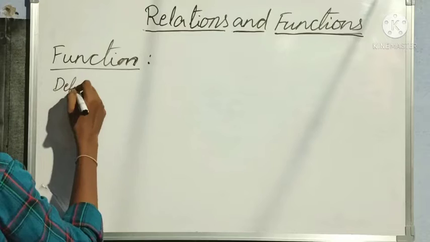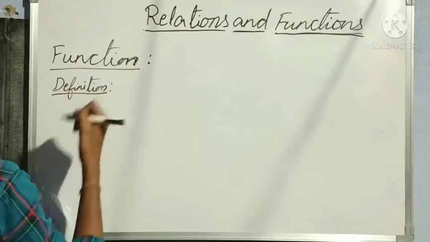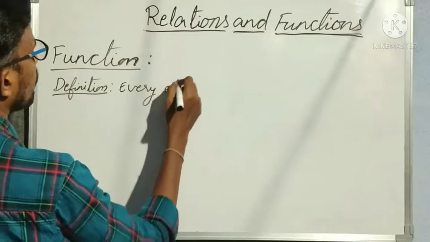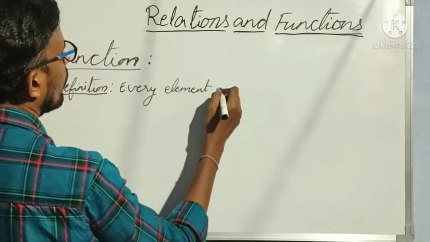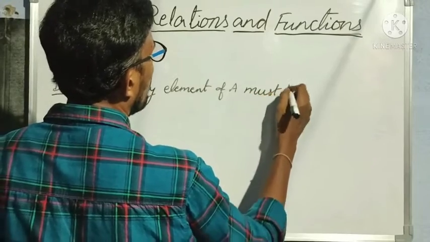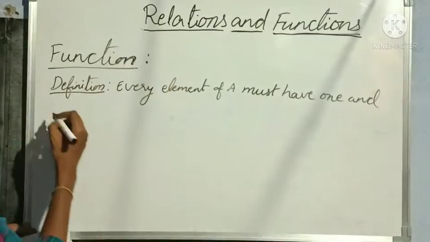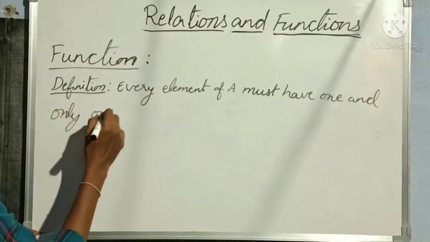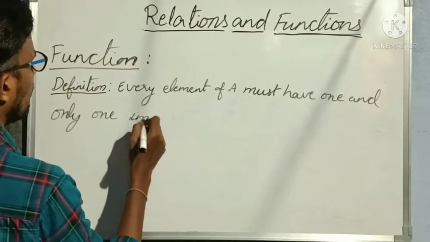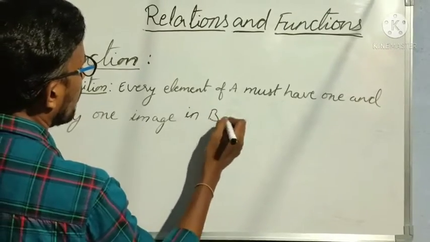Definition: every element of A must have one and only one image in B. Okay.